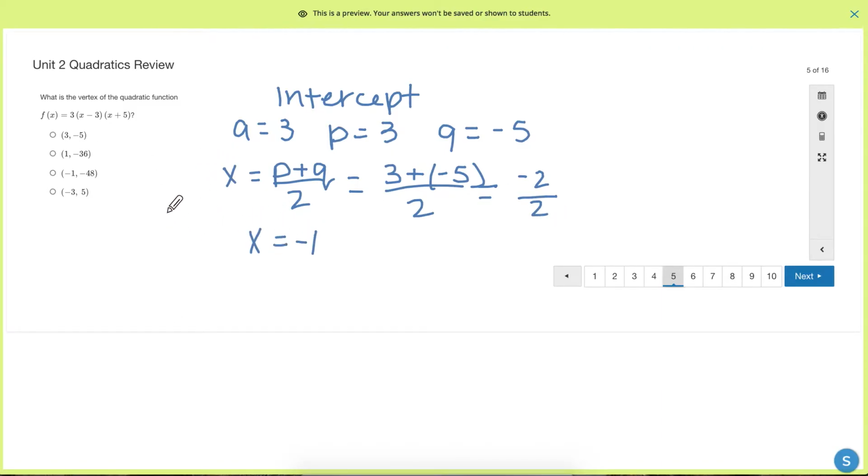Now I would go over and look at our sets of parentheses. -1, the only x value that is -1 is right here. You could also prove that by plugging in -1 for x. When you do that, you would get 3 times -4 times 4, which does in fact give you -48.